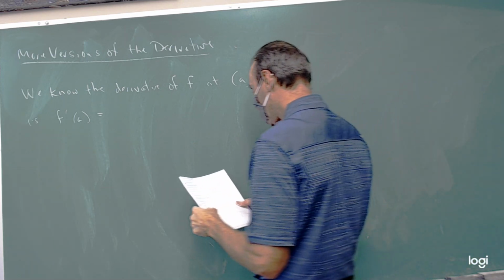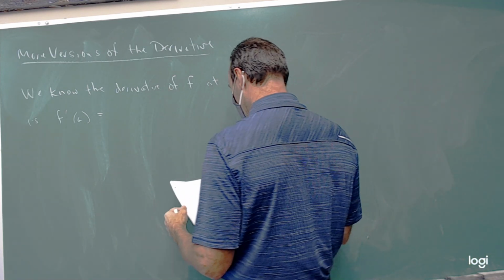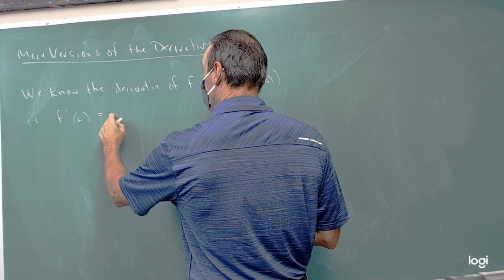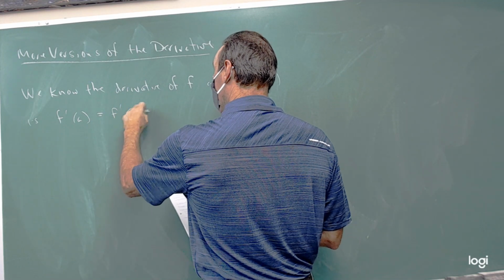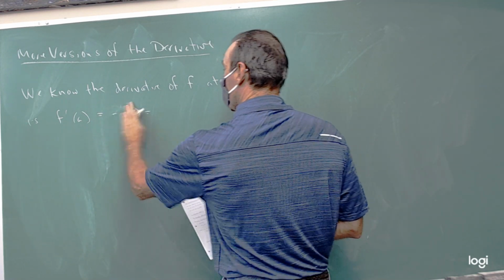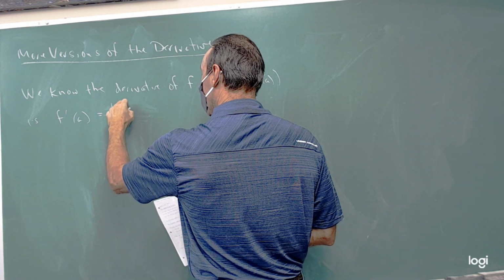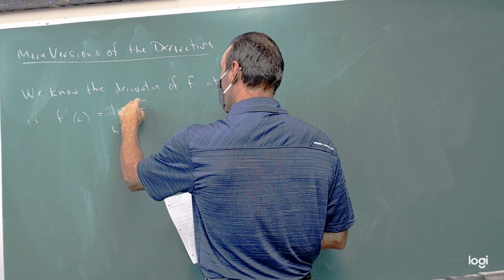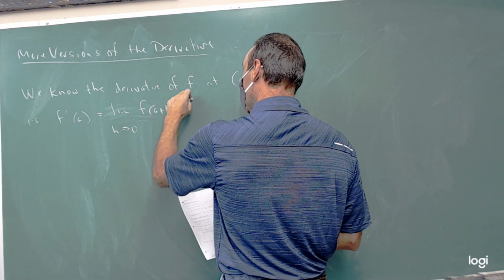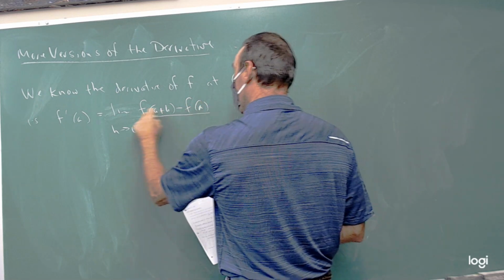The one that we're probably most familiar with is that f prime of a is the limit as h goes to 0 of f of a plus h minus f of a, all over h.